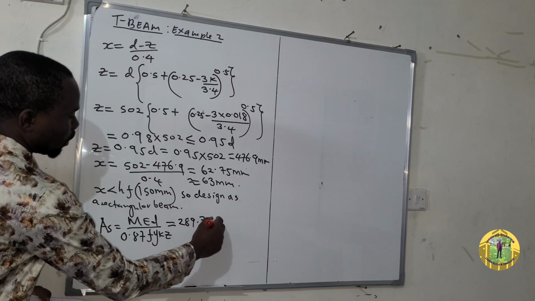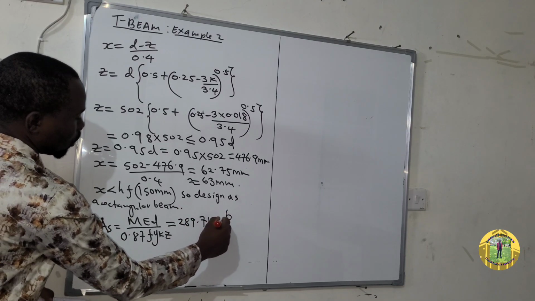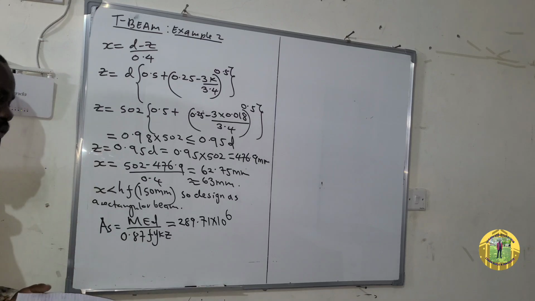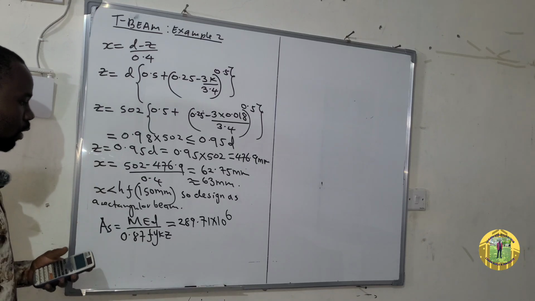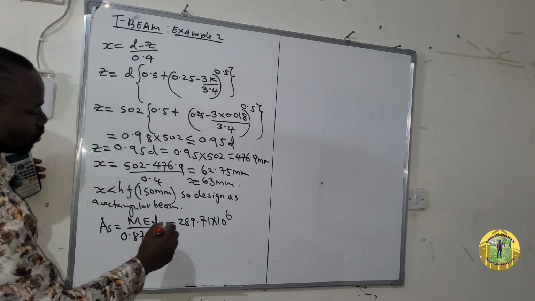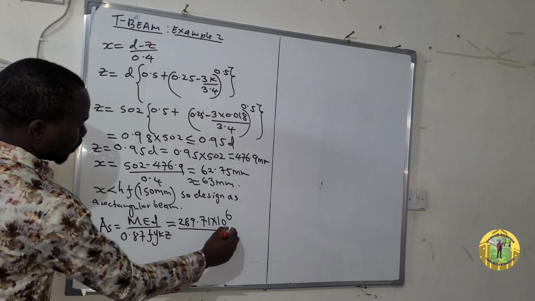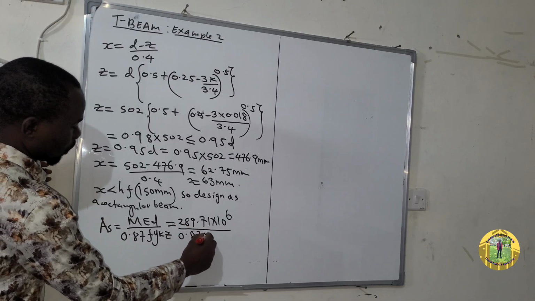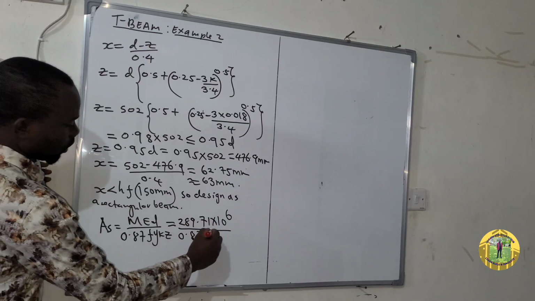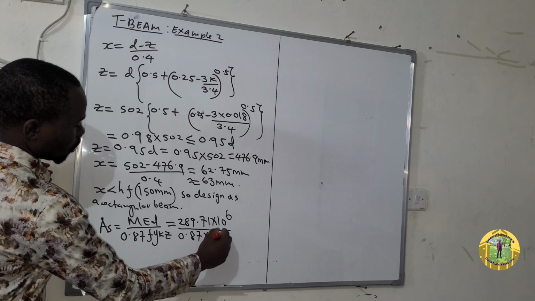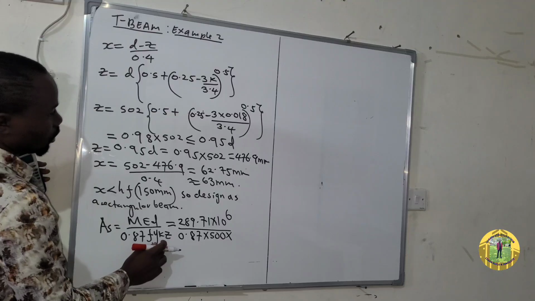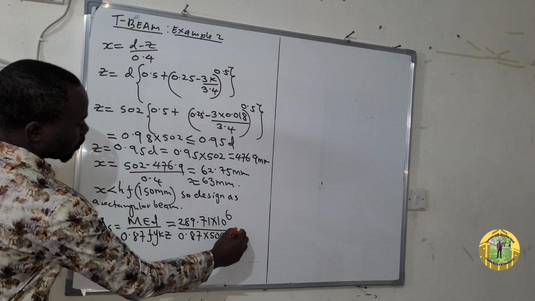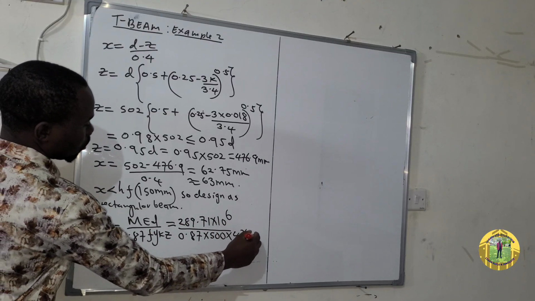It is 289.71 times 10 to the power of 6, multiplied by 10 to the power of 6 to change it from kilonewton meter to Newton millimeter, all over 0.87 times FYK, which is 500, times Z, 476.9.